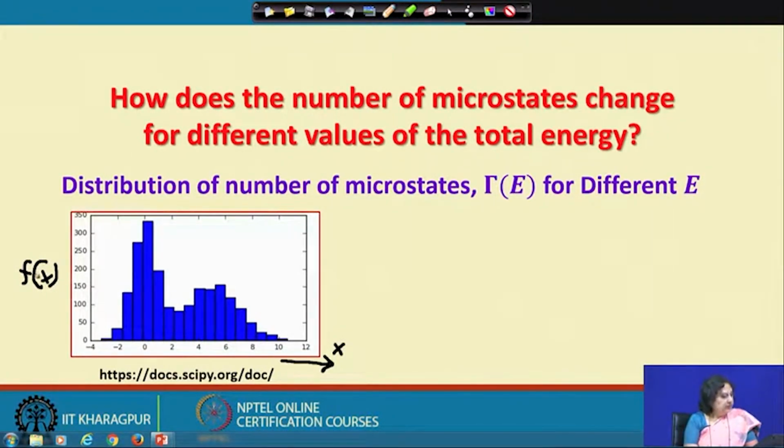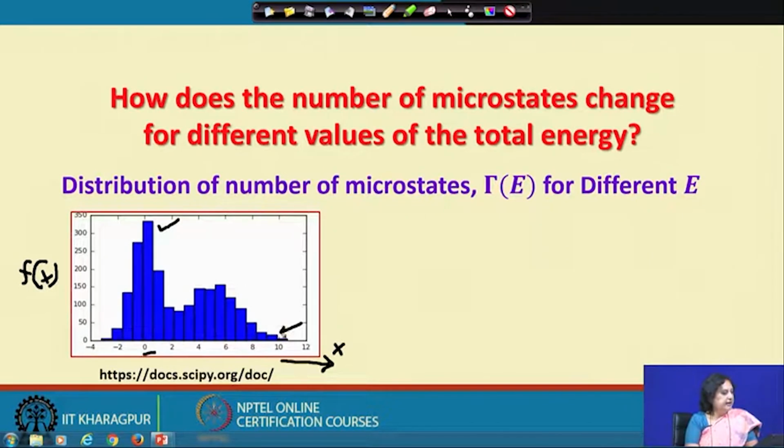In this case x can take values from say -4 to +12, but if I make a very large number of measurements on this system, what is the value of x that I will be getting most of the time? I find that the number of times I get a value close to 0 is maximum.